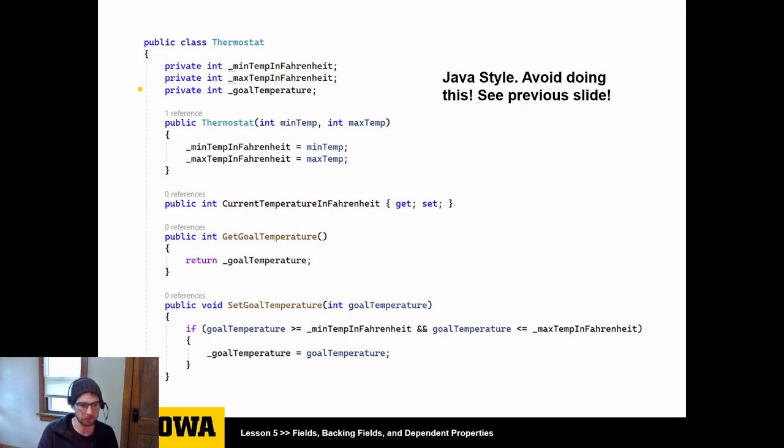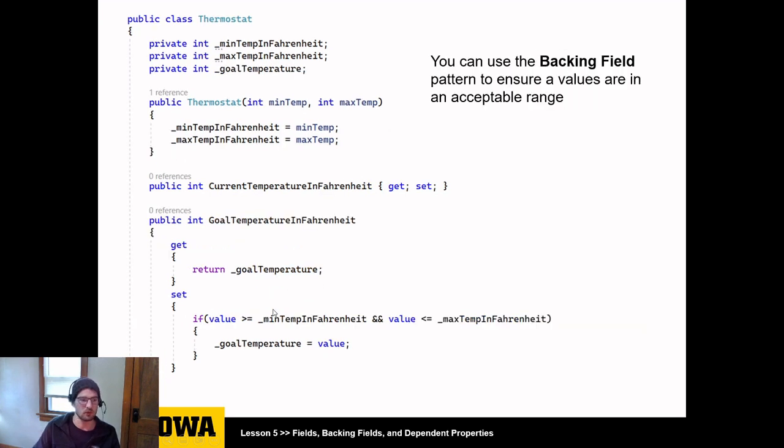So now, of course, this should be natural to anyone coming from Java. In Java, the convention is you always follow this pattern. You always have private fields, and you make methods. So you could think about these get set things as a very special C# kind of method.